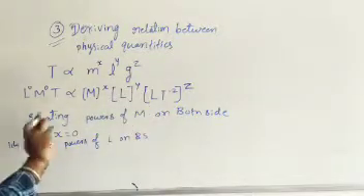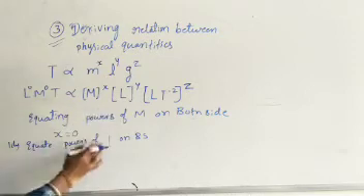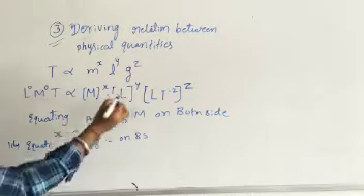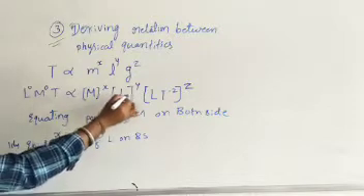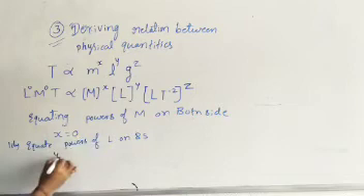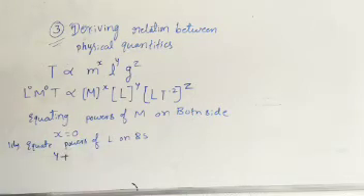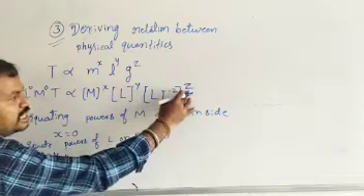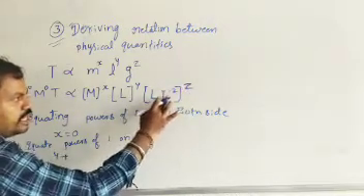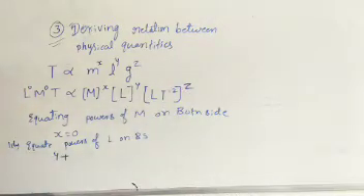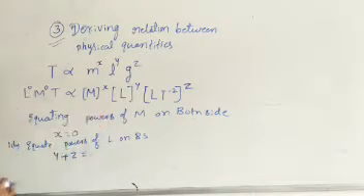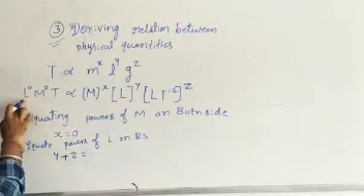We are equating the powers of which physical quantity? This length. First consider the RHS power: L power y, and L power z from the acceleration term. Come to the LHS. Is there any power of L?